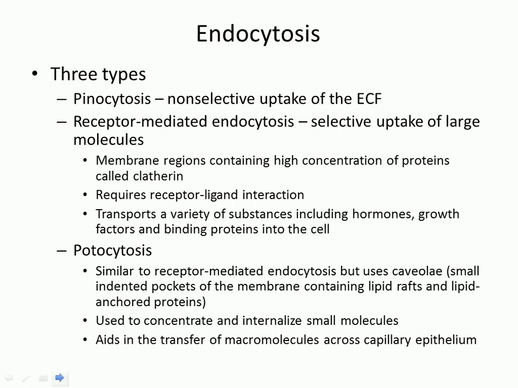And what you've done now is you've brought a very specific molecule into the cell. Now what you're going to do with that molecule is dependent upon the molecule. You can use this as a method to bring in a very specific substance that the cell needs, or it could be a way to bring in signaling molecules, or any number of things.